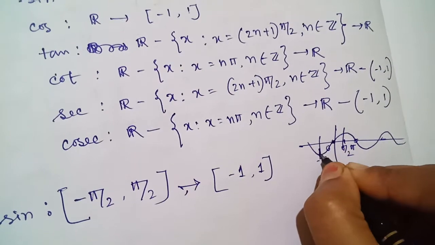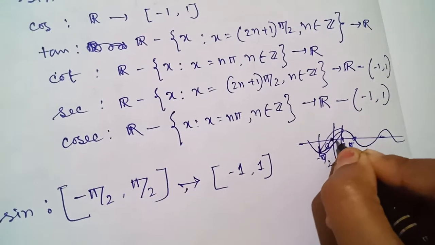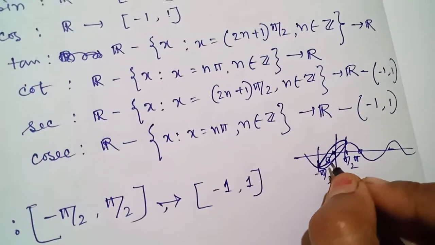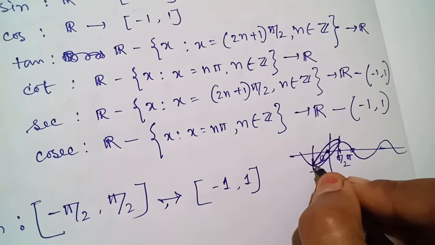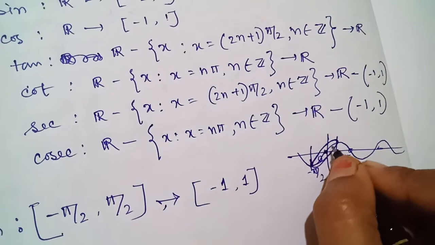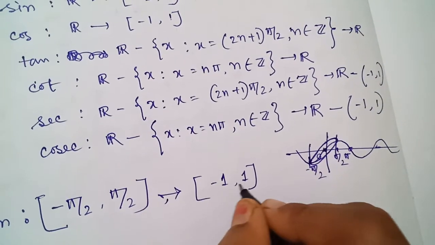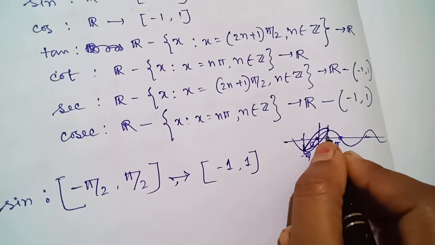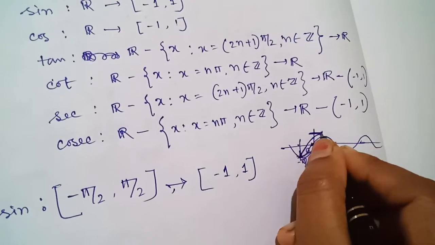This curve, you can see, every point is actually a point between this interval [-1, 1], right? Because this side is -1 and this side is 1.